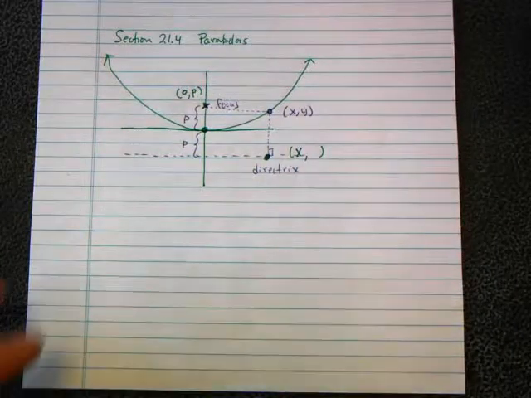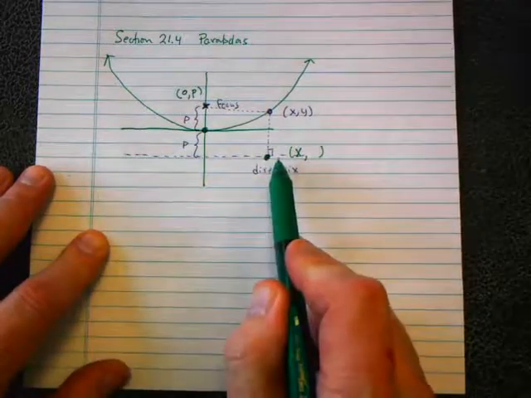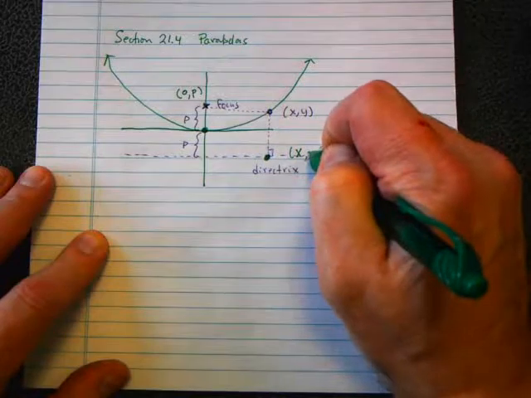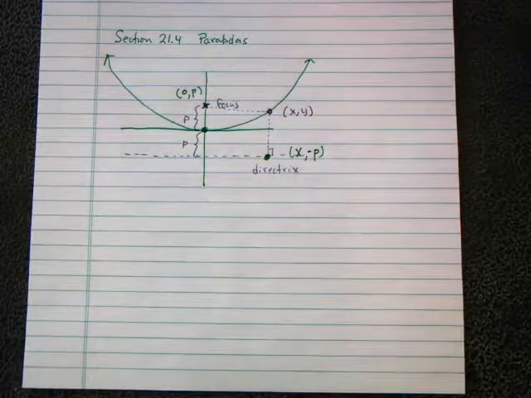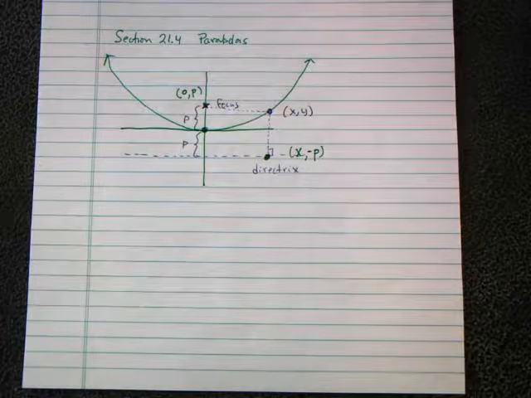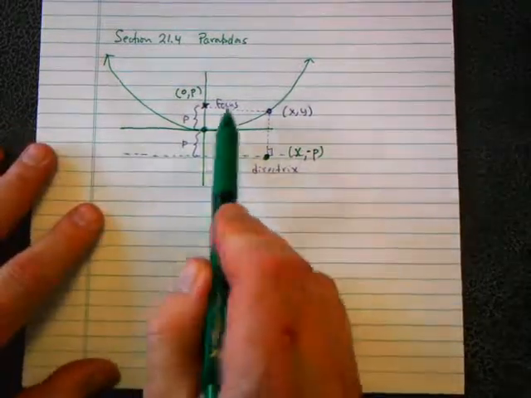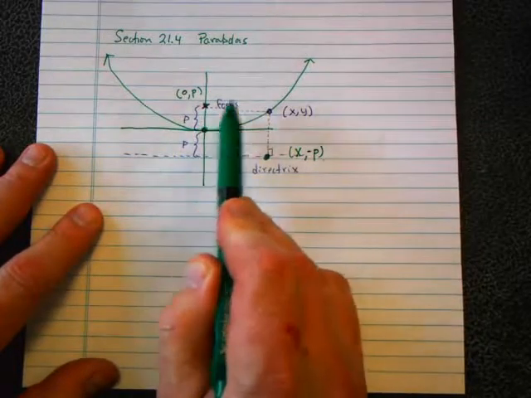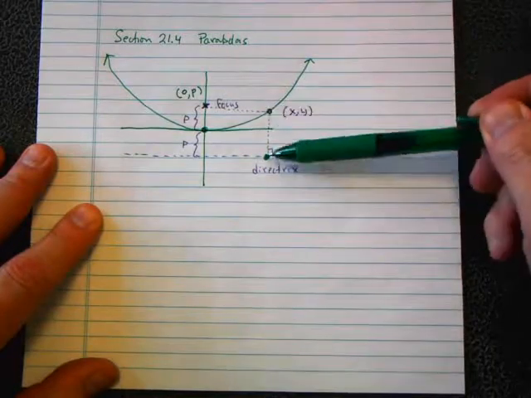The y value would be negative p because this line sits down p units. So the y value here would be negative p. All right, so what we said had to happen is this distance from the focus to this point has to be exactly the same as this distance from this point to the directrix.